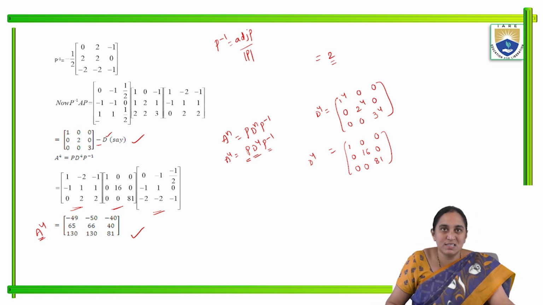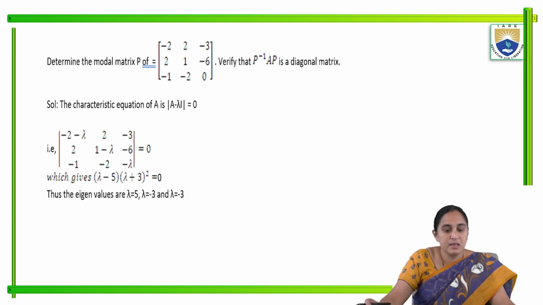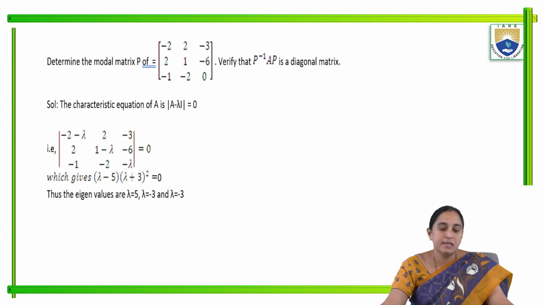Okay, I'll go through the second question. Second question: determine the model matrix P of A, which is minus 2, 2, minus 3, 2, 1, minus 6, minus 1, minus 2, 0. Verify that P inverse AP is a diagonal form.